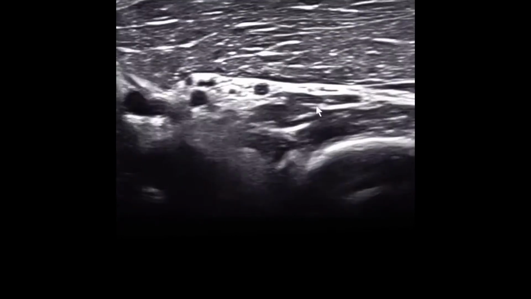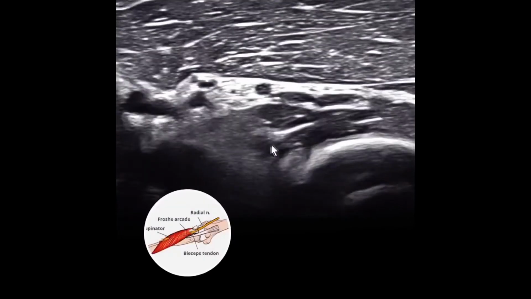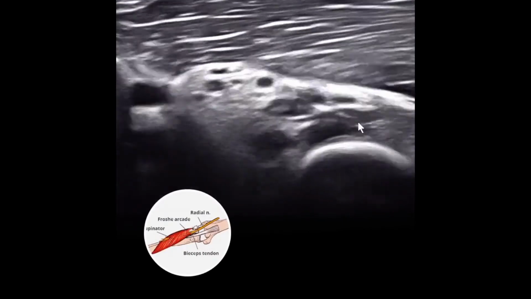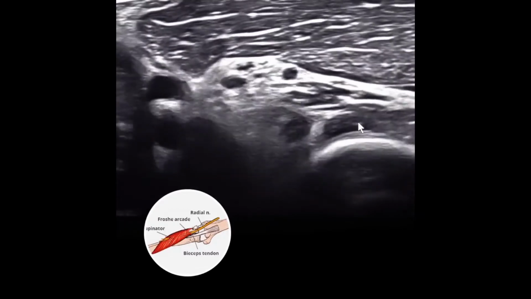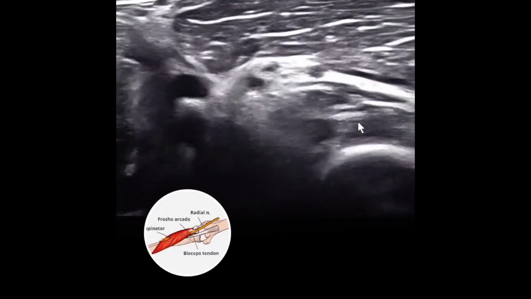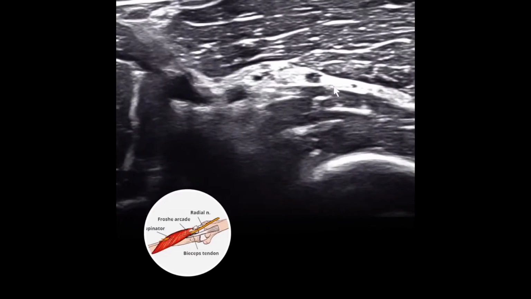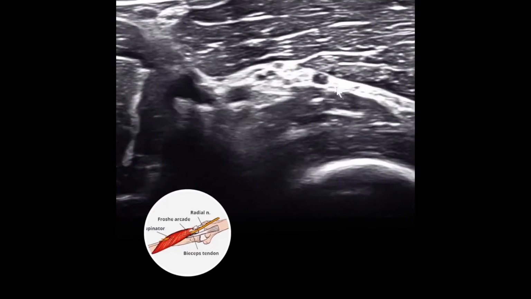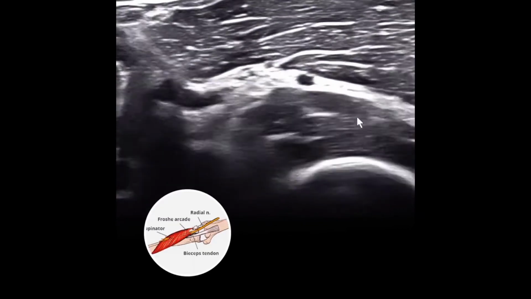It's going to come into the radial tunnel, so there is this muscle that's appearing, the supinator. So if I move the forearm, you will see that muscle moving, and this is the fascia where that nerve, as it penetrates, gets stuck and gets compressed.